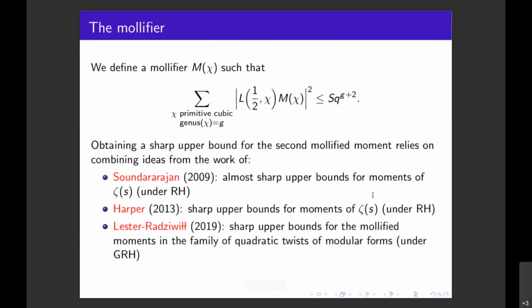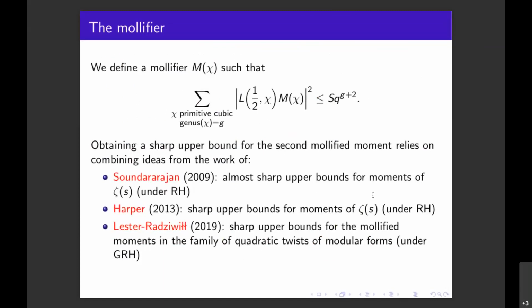So here we use ideas from a number of papers. There's work of Soundararajan who obtained almost sharp upper bounds for moments of the Riemann zeta function, conditional on the Riemann hypothesis. And then his work was refined by Harper, who obtained sharp upper bounds for moments of the zeta function, again conditional on the Riemann hypothesis.